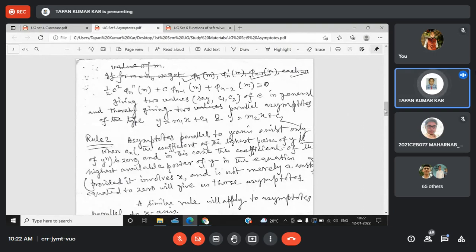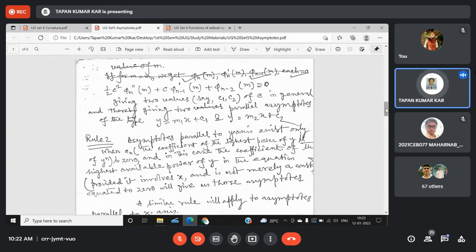So the working rule is very simple. Again, I am repeating. First, look at this algebraic curve. Suppose it is a cubic equation, but y cube is not present, means there are asymptotes parallel to the y-axis, and those asymptotes can be obtained by taking the coefficient of the highest available power.